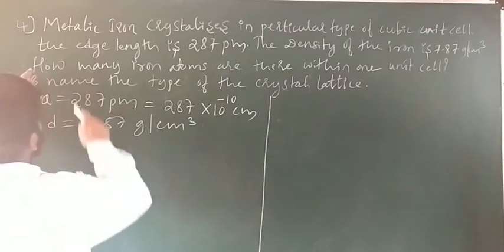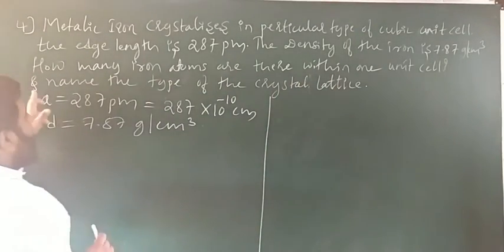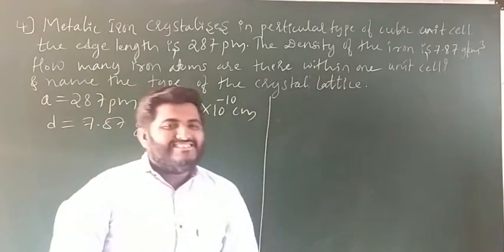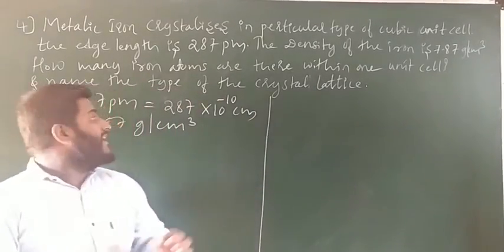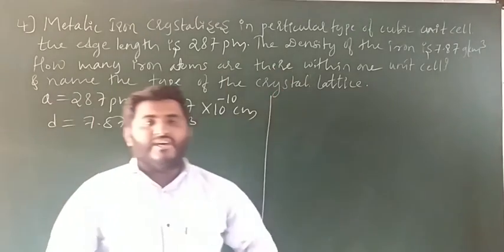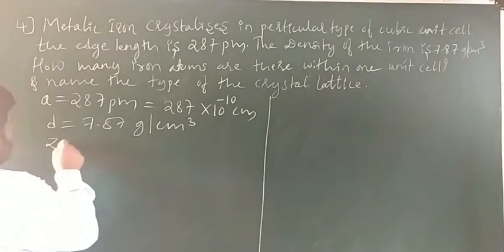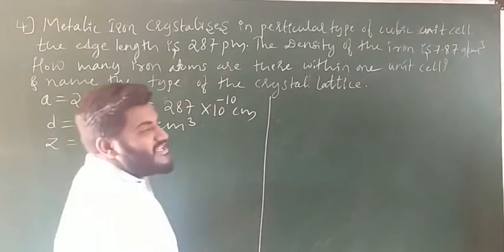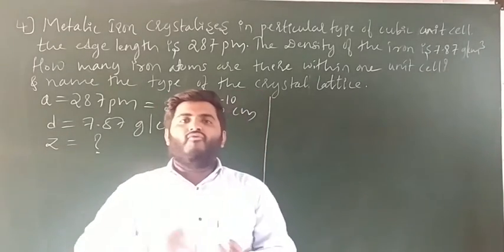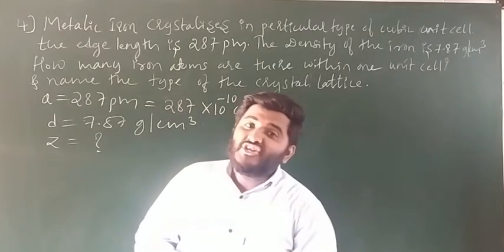Next, how many iron atoms are there within one unit cell, and name the type of the crystal lattice. They also asked to name the type of the crystal lattice and how many atoms are present in the unit cell. That means you are asked Z is equal to question mark, and using the Z value, either it is 2 or 4 or 1, depending upon the Z value, we have to predict which unit cell is present.